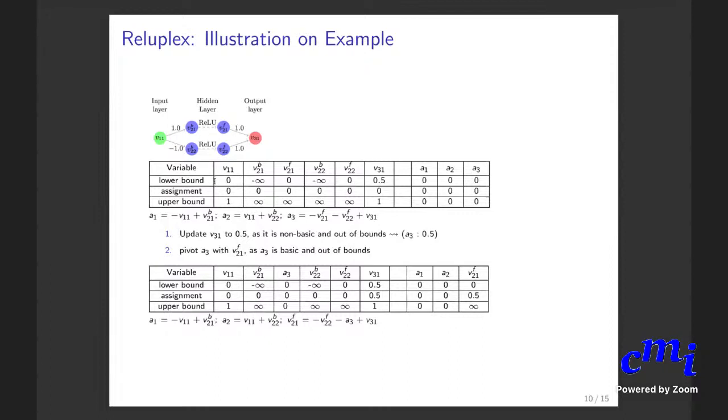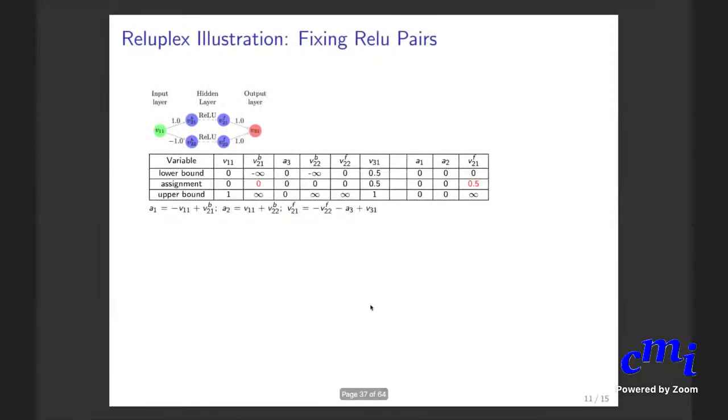Now we have to check independently if each of the ReLU constraints is satisfied. That is a local check, which you could do efficiently, even if there are millions of ReLU nodes, because all I'm doing is checking if every ReLU pair satisfies that max equation that I showed you. Obviously you will see that there is something broken.